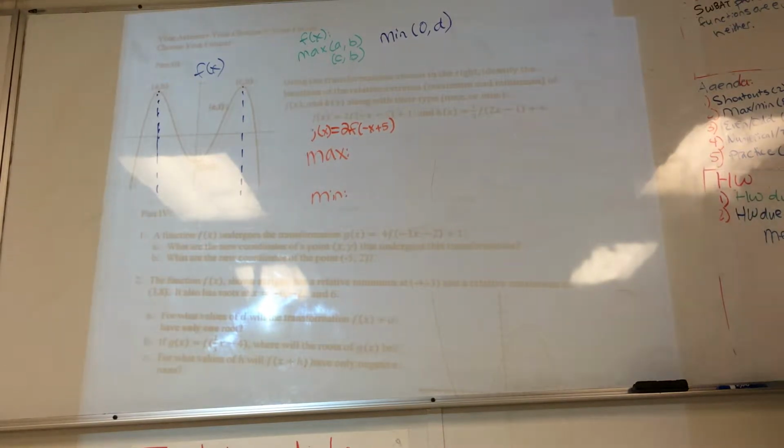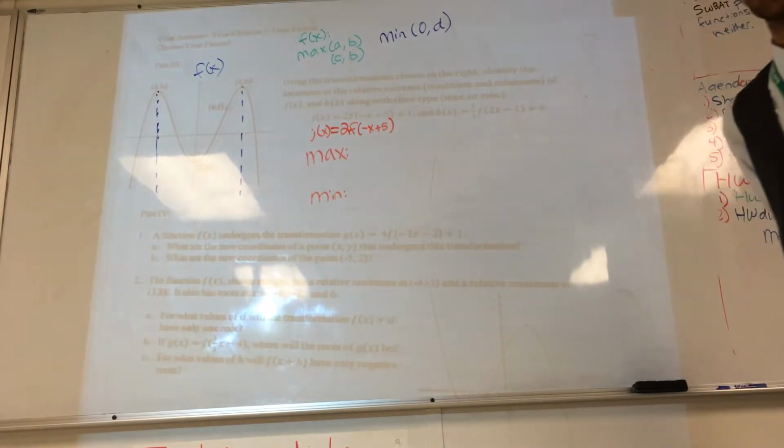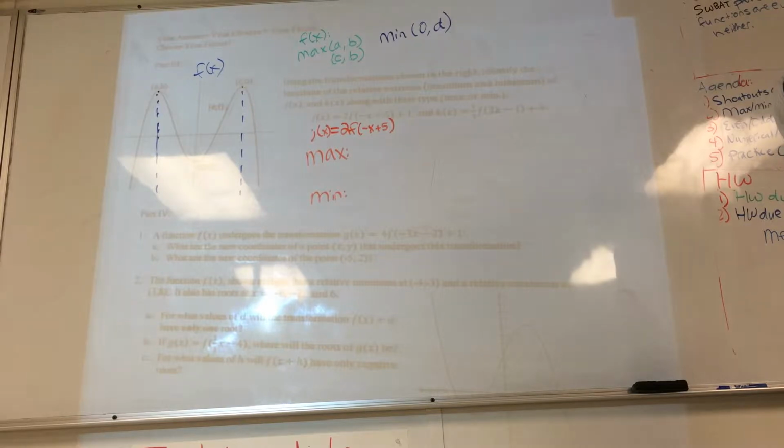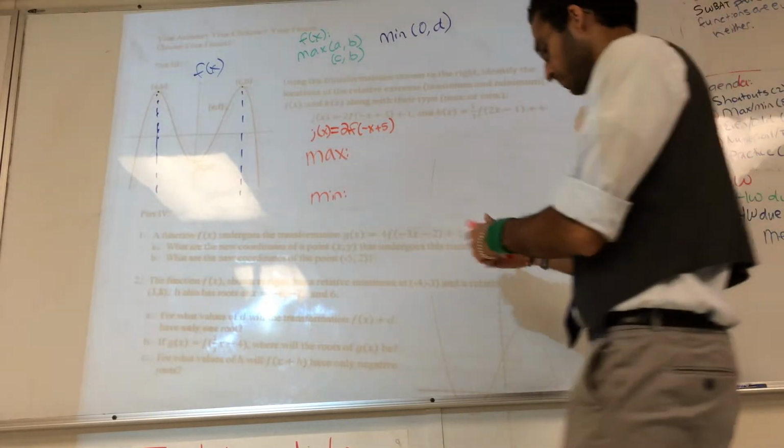So, if I think about it, the j of x function has 3 transformations. First one, queen of clubs. Tell us one transformation on the j of x function. I go left 5, absolutely.